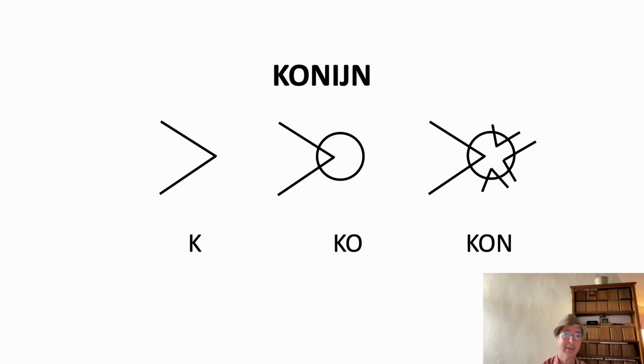And I will take random words that come to my mind. My first random word that came to my mind was the Dutch word KONIJN. So I will express the word KONIJN, and I will make it easier, and I will also take the English words for it later in this video. So KONIJN is very easy. It starts with a K, so it's a splitting up of a form.